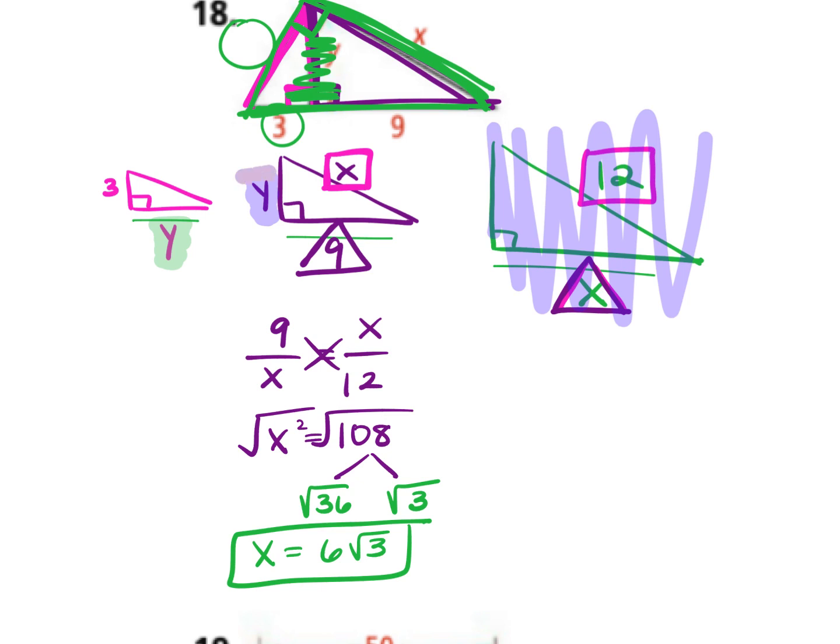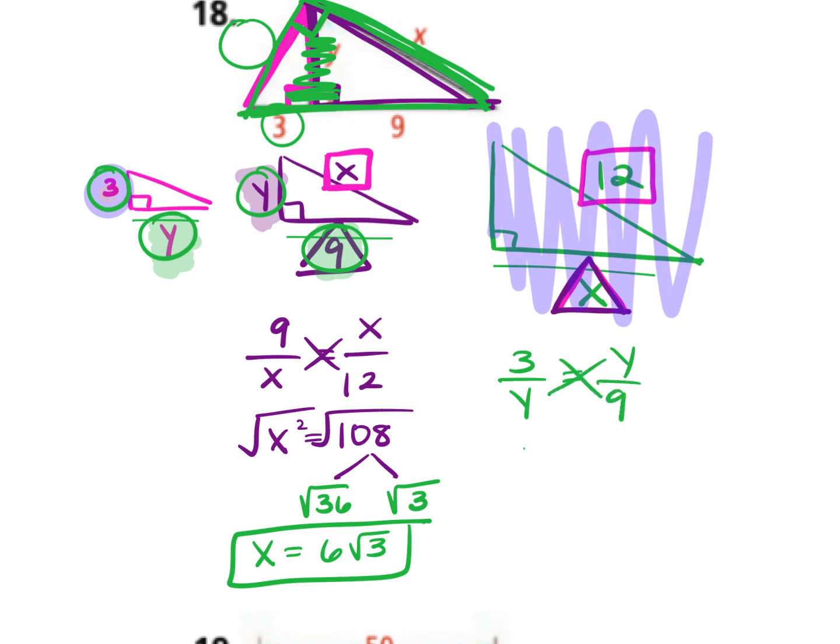So this y would correspond to the 3. This y would correspond to the 9. Okay, so think of it this way. Shorter leg over shorter leg, 3 over y, equals longer leg over longer leg, y over 9.